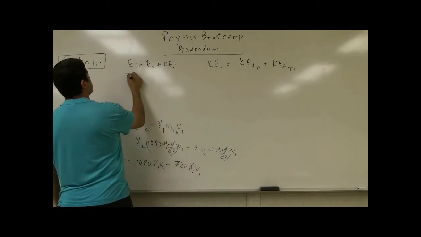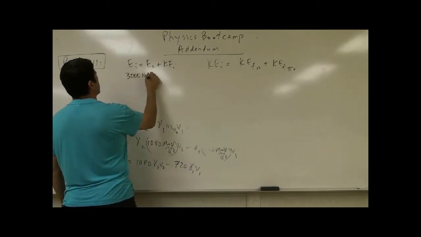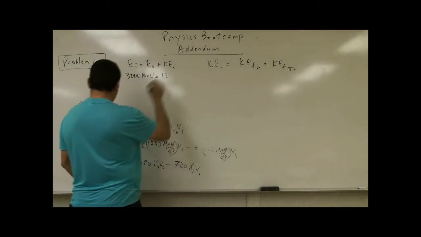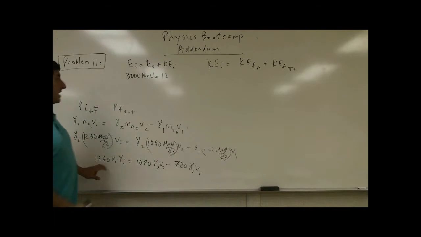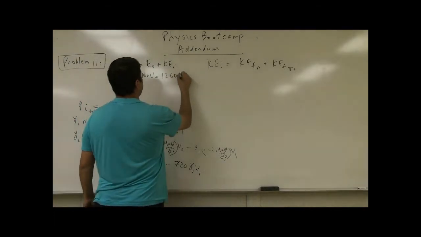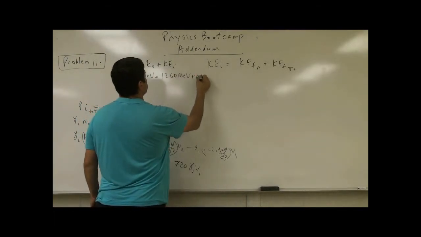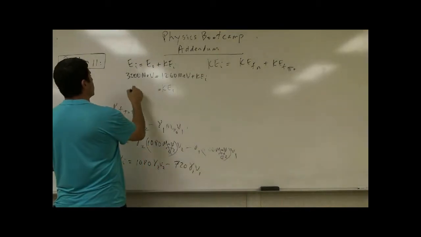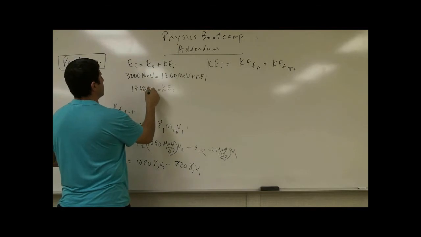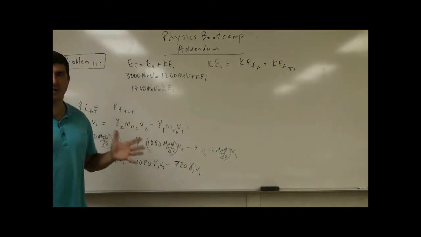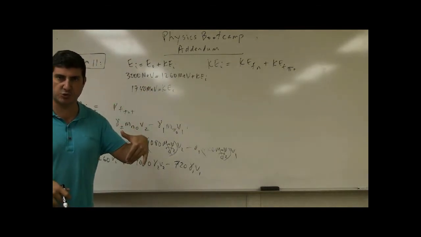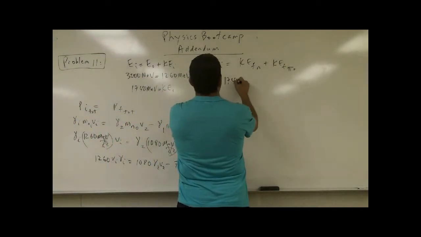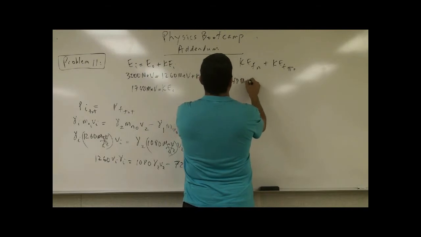The total energy was 3000 mega electron volts and the rest energy is 1260 mega electron volts, and therefore the kinetic energy initial is equal to 1740 mega electron volts. This one is actually mega electron volts, not divided by c squared.